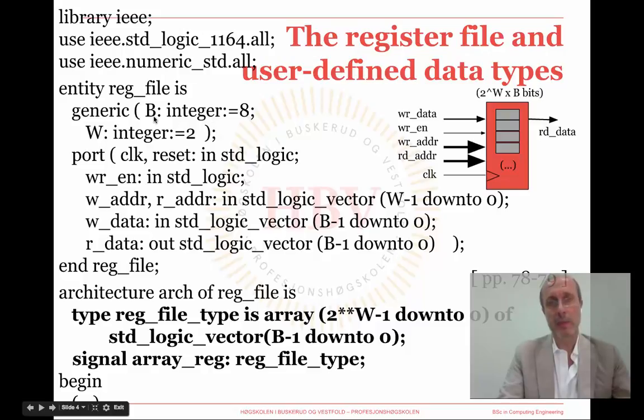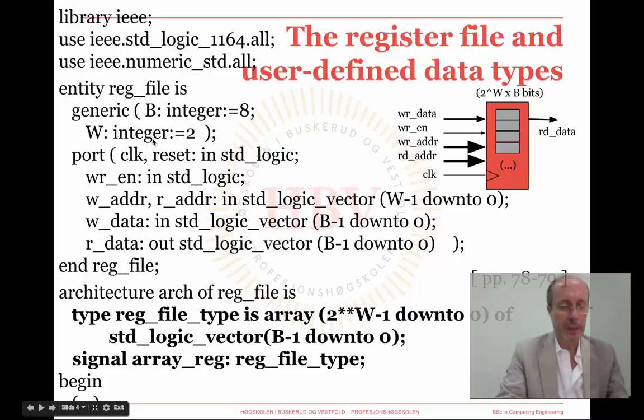In this case, B is being used to define the number of bits per register, and W is used to calculate the number of registers in this register file. This is a convenient way to specify blocks that can be customized in subsequent designs, so you should look at the generic declaration with some attention.